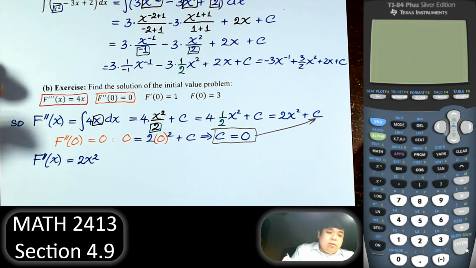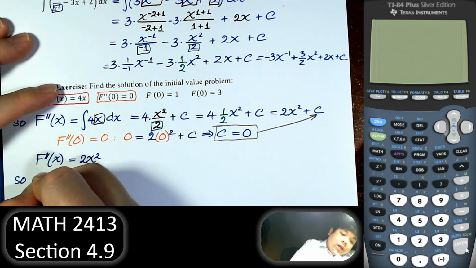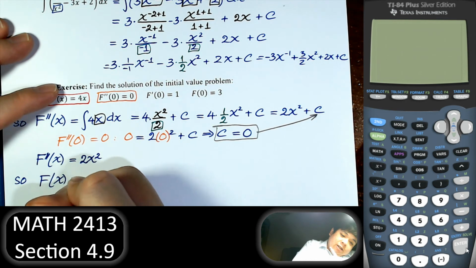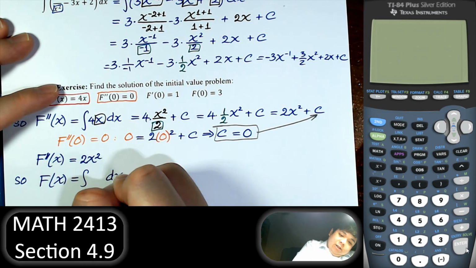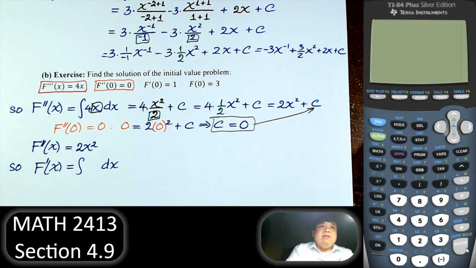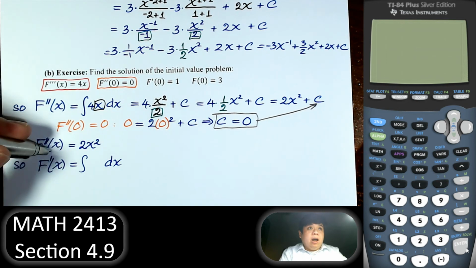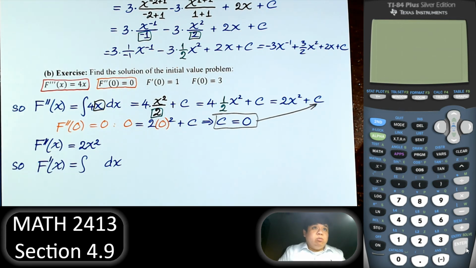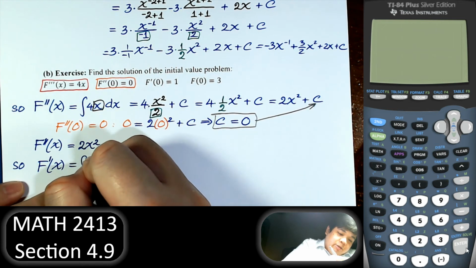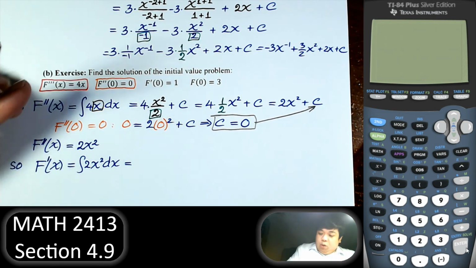Now, if we want to get rid of one of the derivatives, we integrate again. We still have one of the derivatives. So that double prime, integrate, gets us back to the first derivative. Again, power rule.